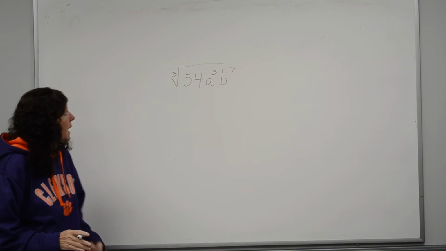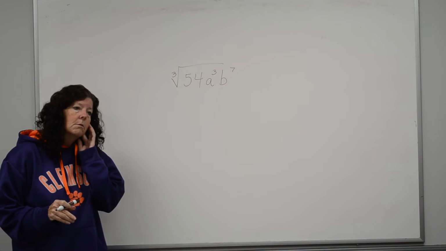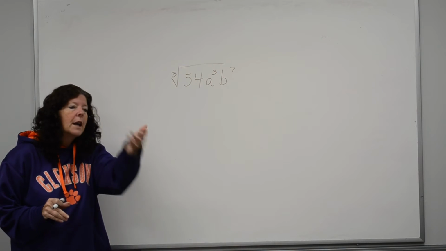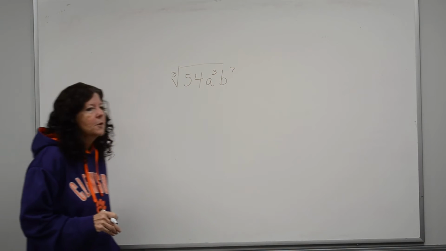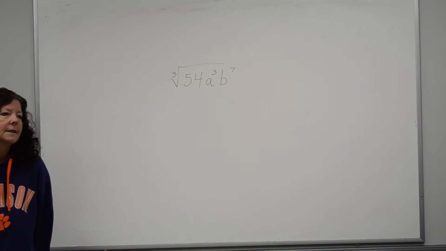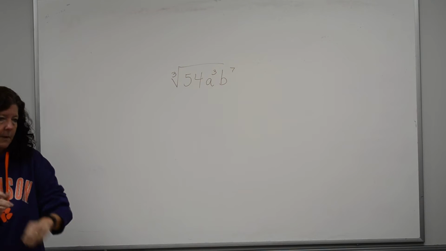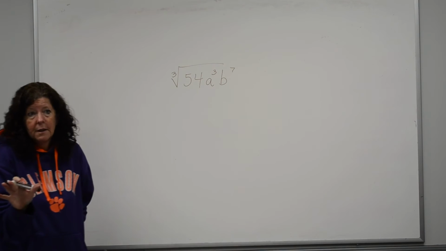Can I take the cube root of 54? Can you? What is it? Try taking the cube root of 54 and tell me what it is. And if it's a decimal, forget it. It's a decimal. Okay, so I can't do it that way.